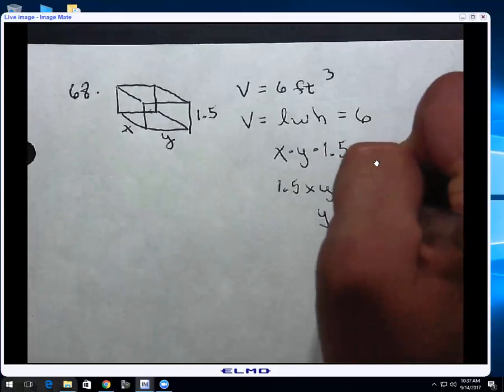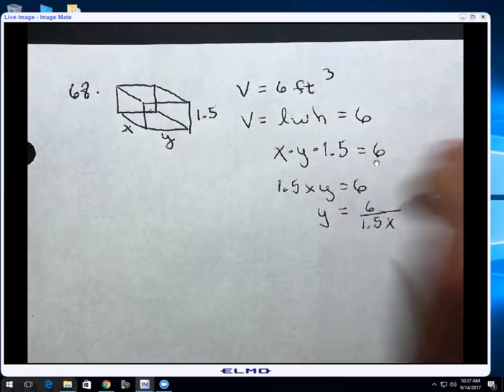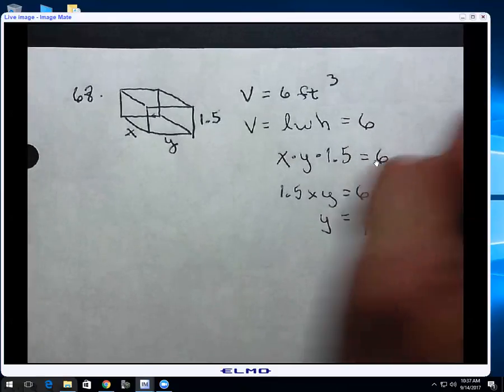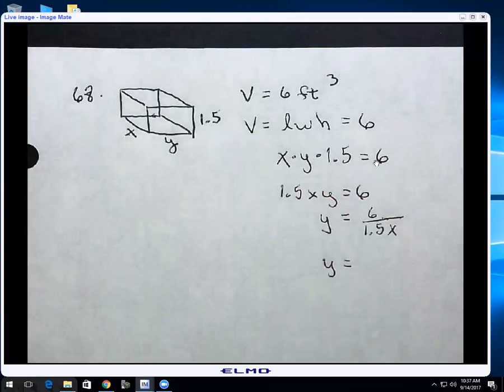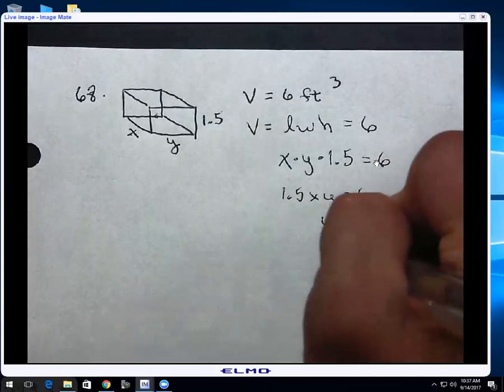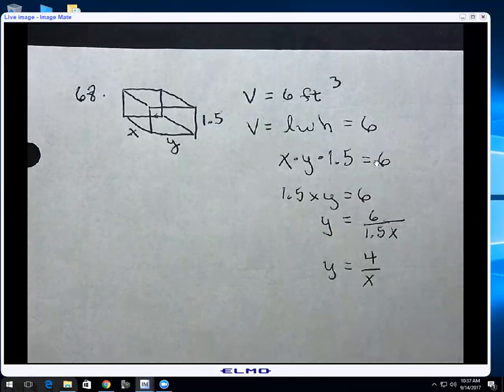Divide by 1.5x. And the simplest way to write that, you don't want to leave a decimal within a fraction in your answer, is just 4 over x. So whatever the length is, you divide 4 by that length, you'll get the width.